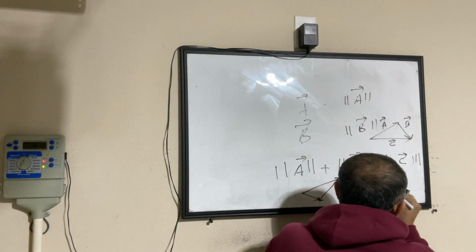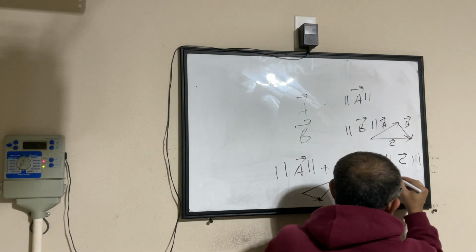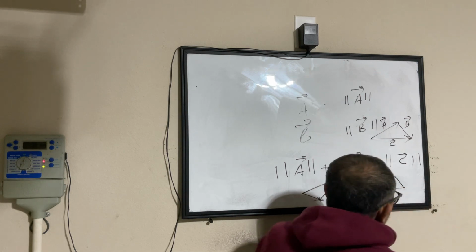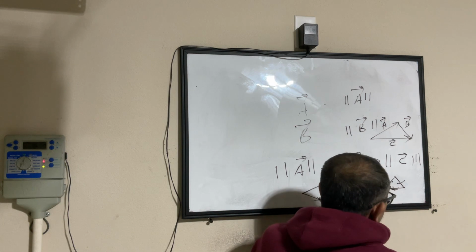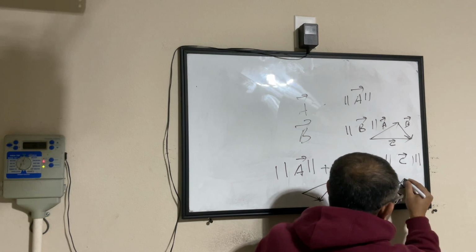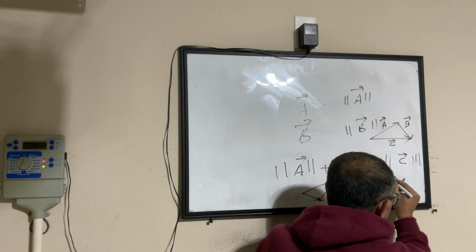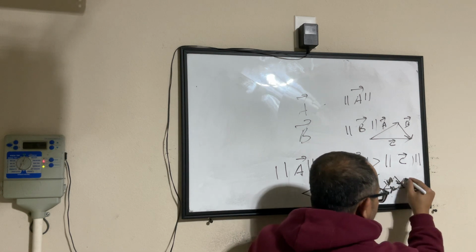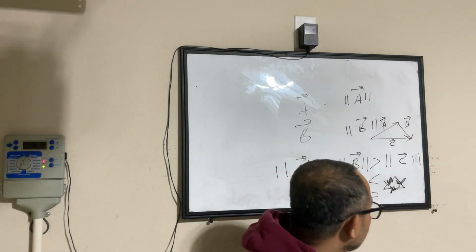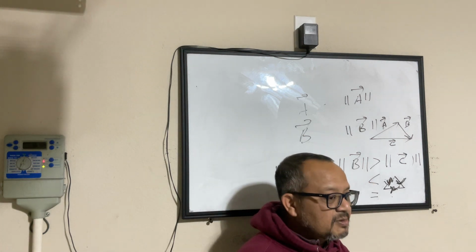If I have one triangle, this is one side and this is the second side. If I add this and this, it will always be greater than this. If I pick this side and this side, if I sum them up, it will be greater than this. And that has to be the thumb rule.